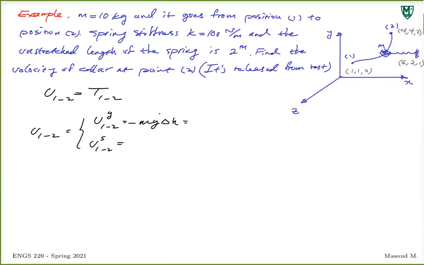As I said, if you have no friction in the system, you don't care about what is happening in between. That's the beauty of the energy method. You only care about the beginning and the end, as long as there is no non-conservative force like friction in your system. So that becomes minus mg (4 minus 1), the height at the end minus the height at the beginning.